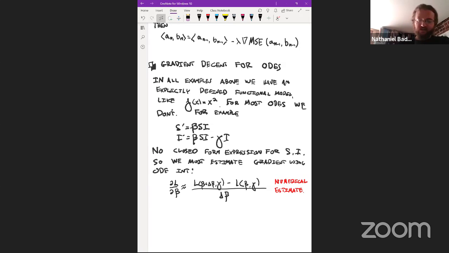And so we can use this to estimate delta L. And furthermore, we actually know one nice thing, which is that these ODEs should be smooth, right? So we should actually be able to make this estimate pretty good.